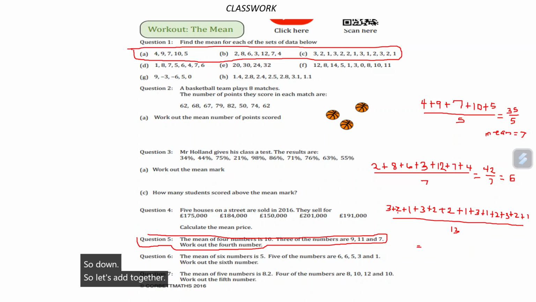3 plus 2, 5 plus 1, 6 plus 3, 9 plus 2, 11 plus 2, 13 plus 1, 14 plus 3, 17 plus 1, 18 plus 2, 20 plus 3, 23 plus 2, 25 plus 1, 26.